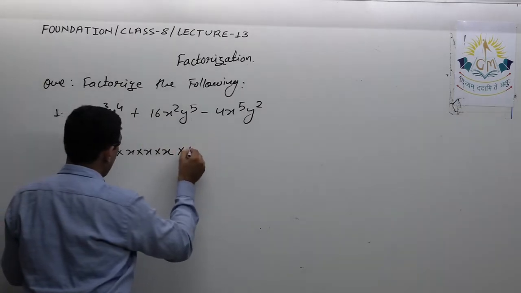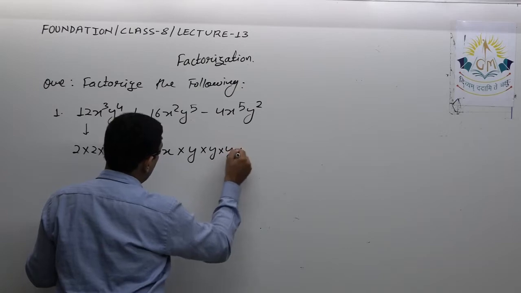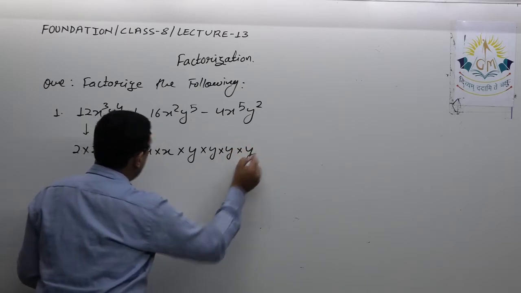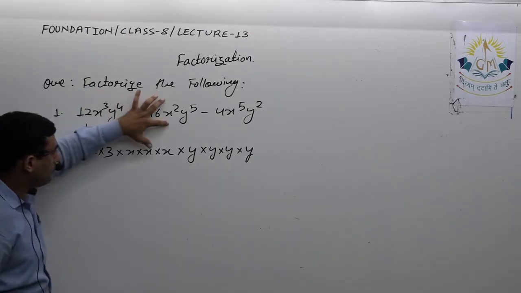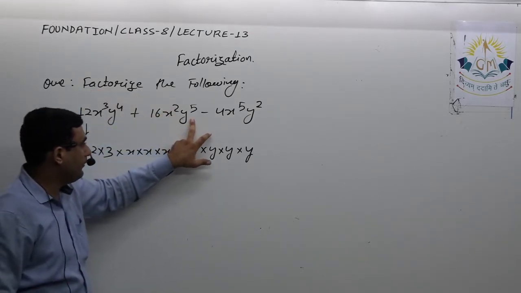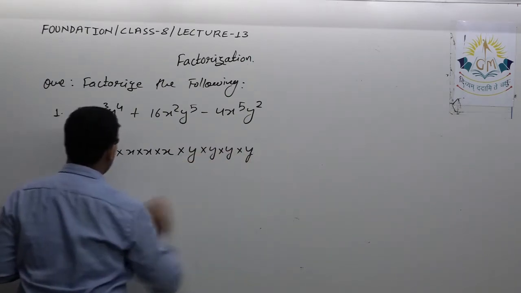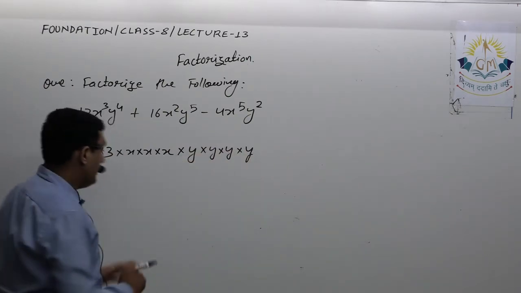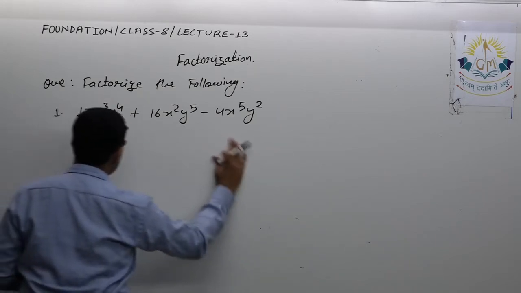This y raised to 4 can be written as y multiplied by y multiplied by y multiplied by y. In short, there are 3 x's, there are 4 y's, here 2 x's are there, 5 y's are there, and so on. We won't write this much because it is too time consuming, so we'll try to take common directly.